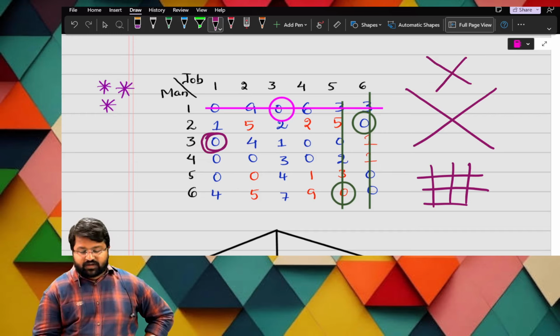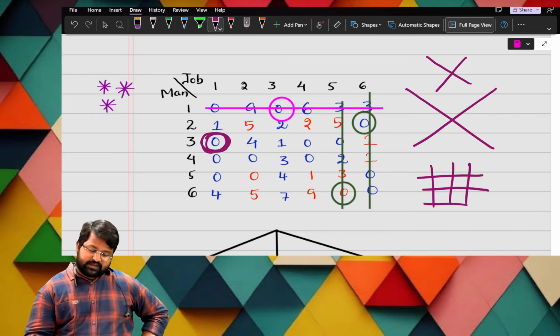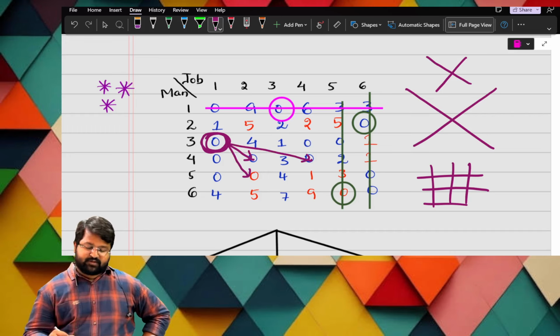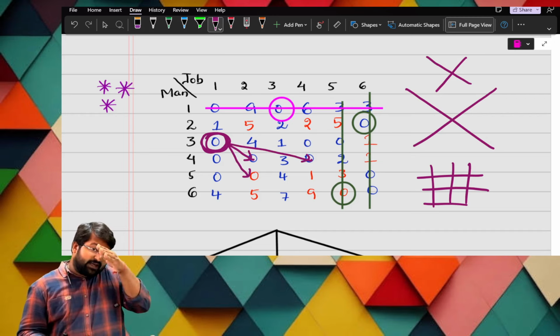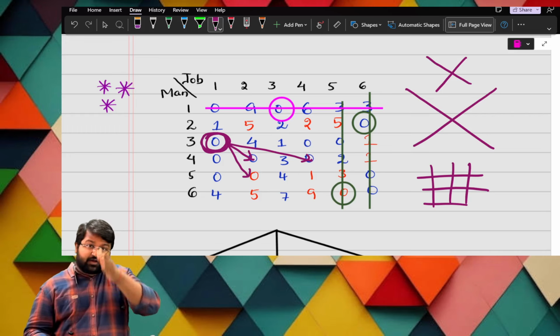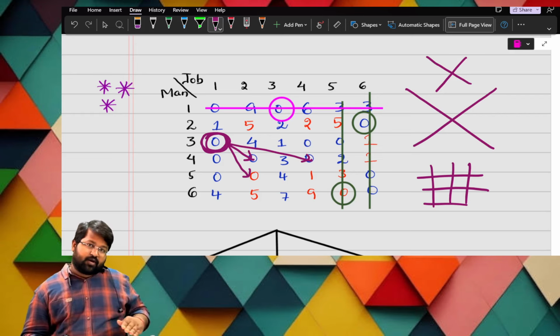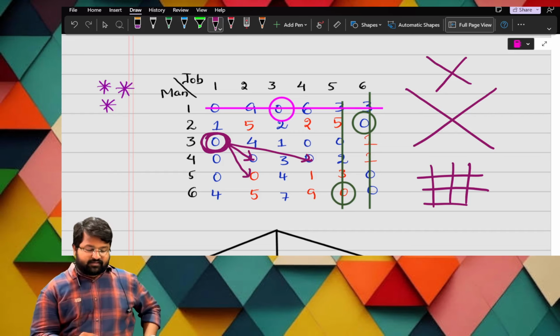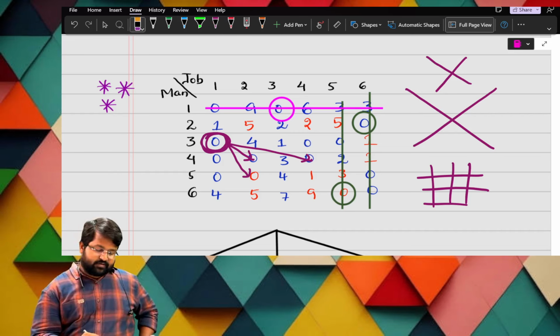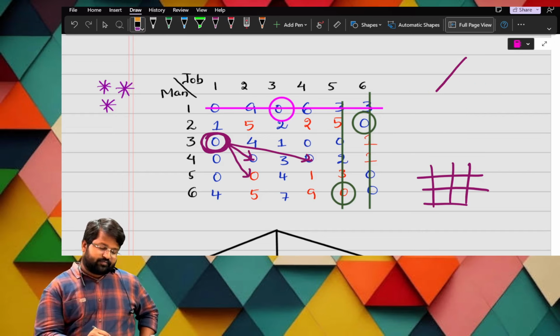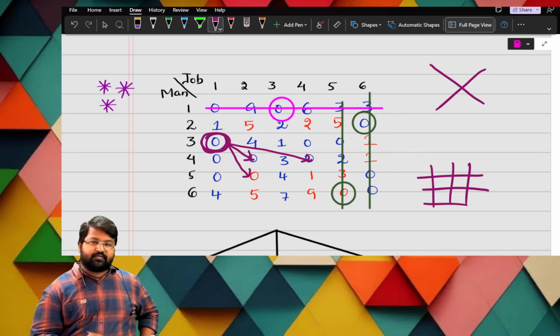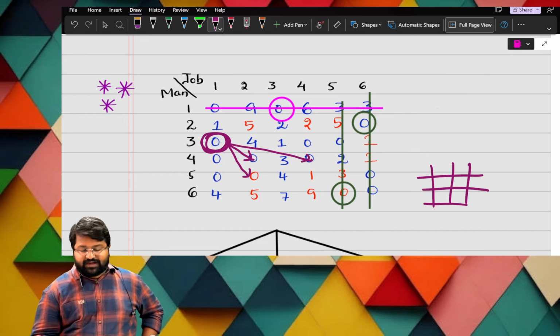So for this zero, the diagonally opposite zeros can be this zero, this zero, or this zero, but not in a straight line. Diagonal will be in a crossed position, like this.